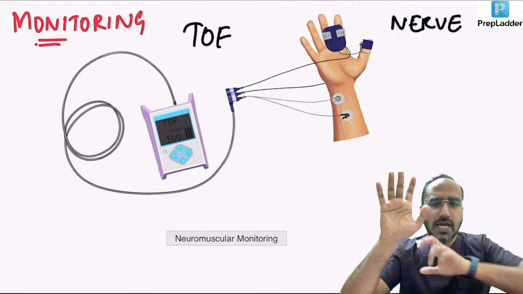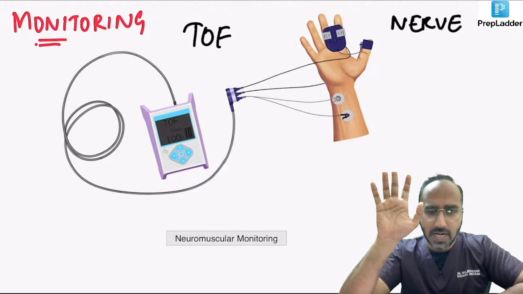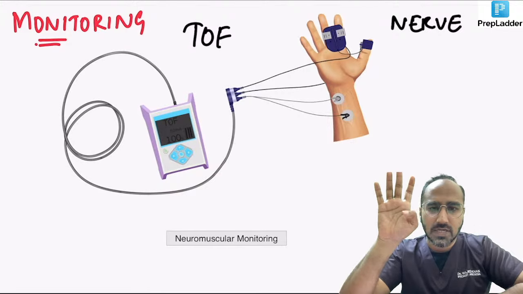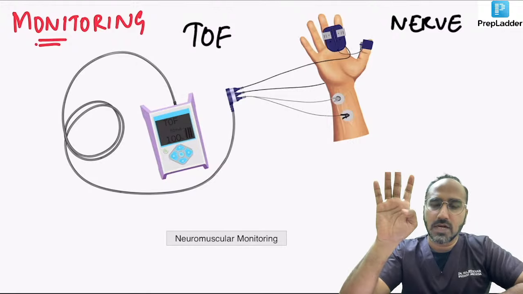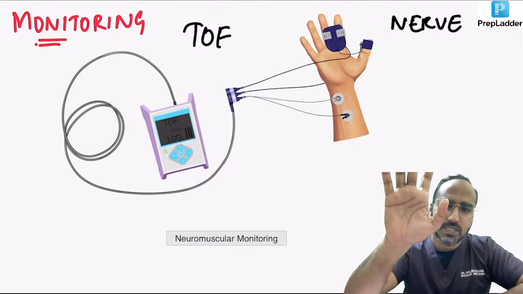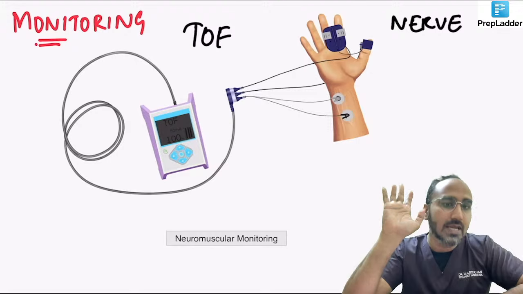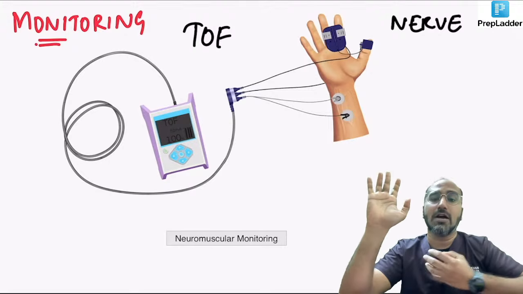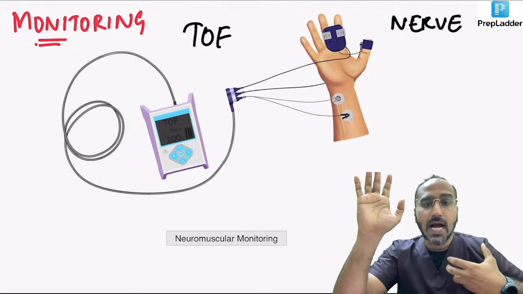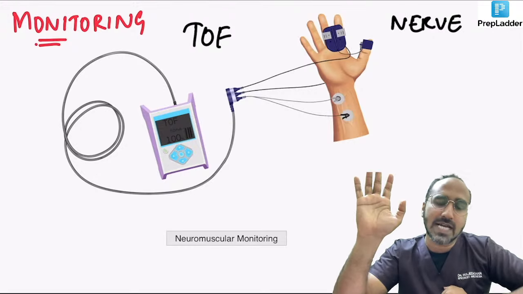As train of 4 monitoring is done, as current passes, I get first twitch, second twitch, third twitch, fourth twitch. 4 twitches of equal height I am seeing. Why? Because no muscle relaxant is given. Now imagine a non-depolarizing muscle relaxant was given.